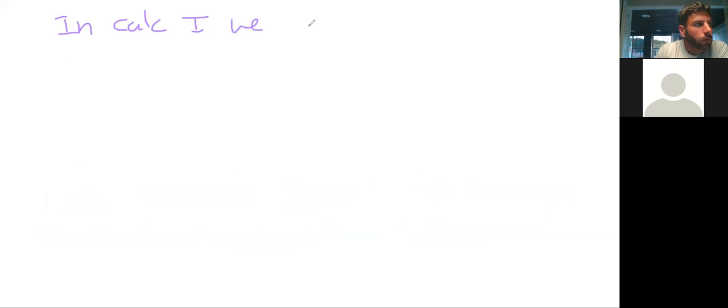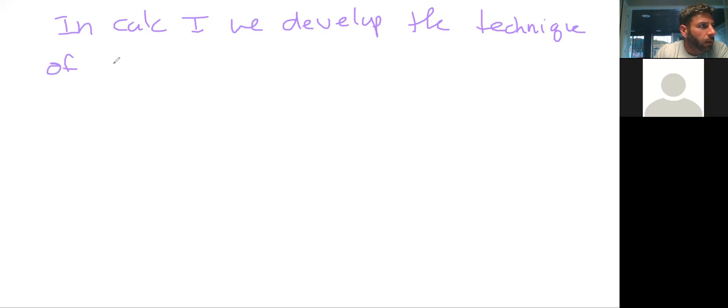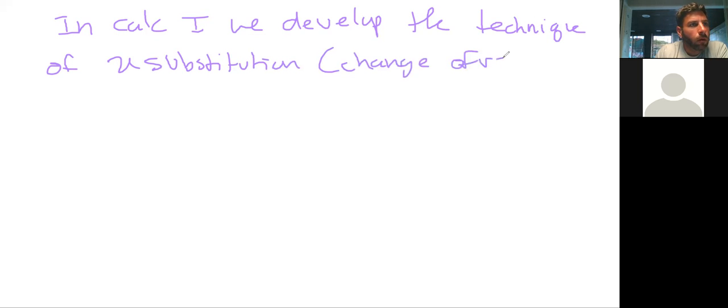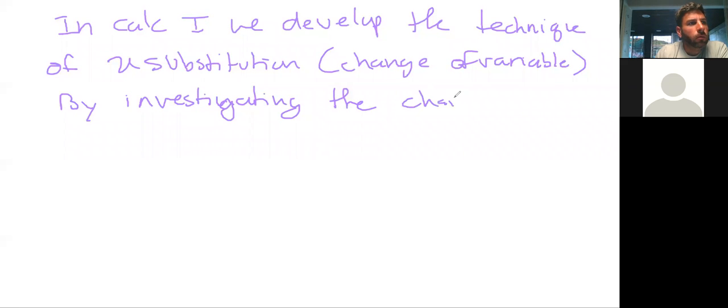In Calc 1, we developed the technique of u sub, which is really called a change of variable. And we did this by investigating the chain rule.